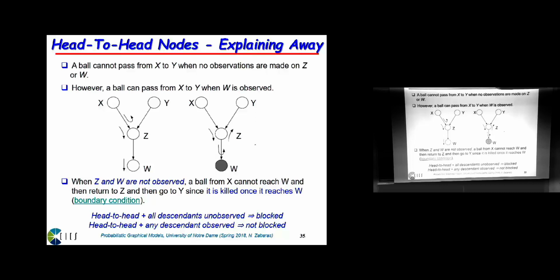Tell me now what happens when I observe W. Similar situation: the ball comes here. What happens? This is observed. From our boundary conditions, the ball comes back, and then this is unobserved, so the ball goes to Y. So here, what can we say about X and Y given W?